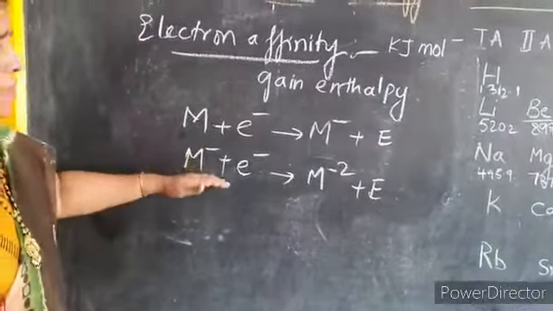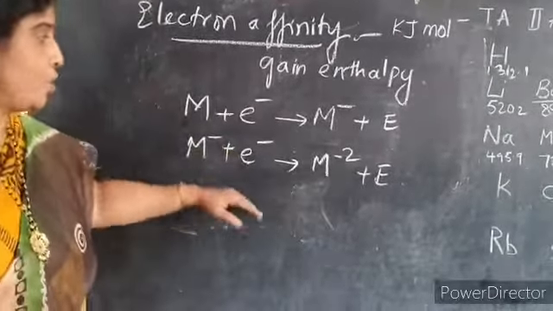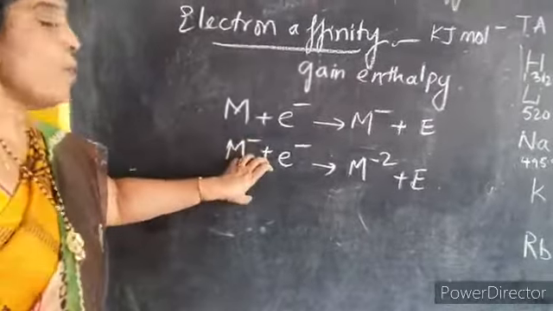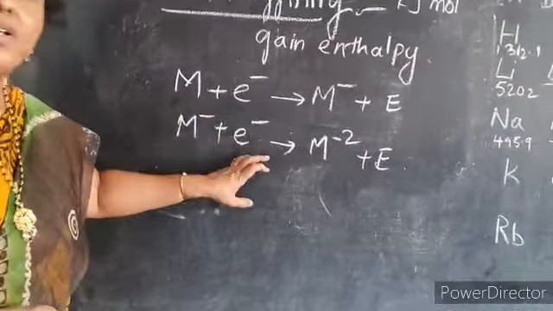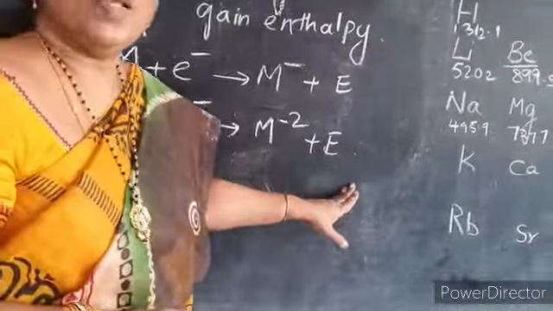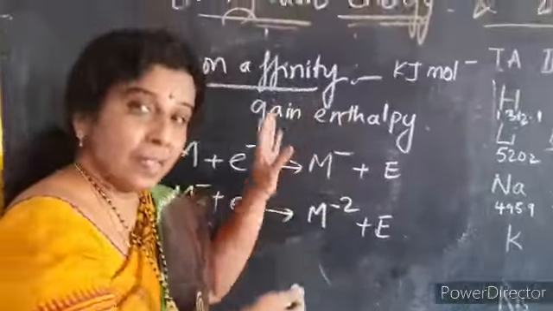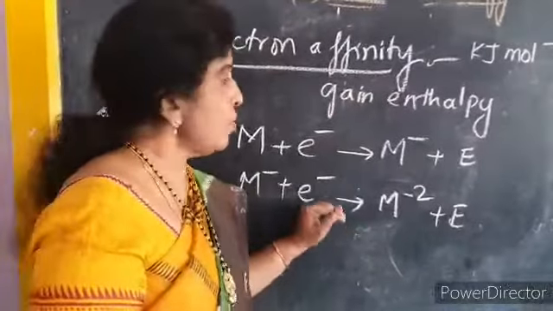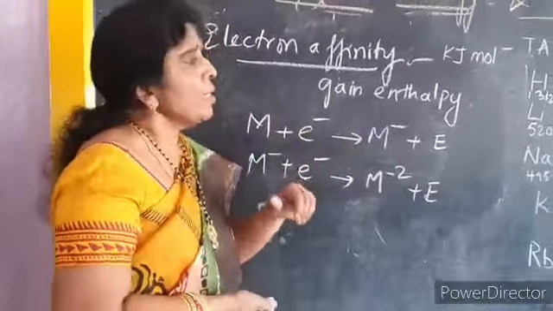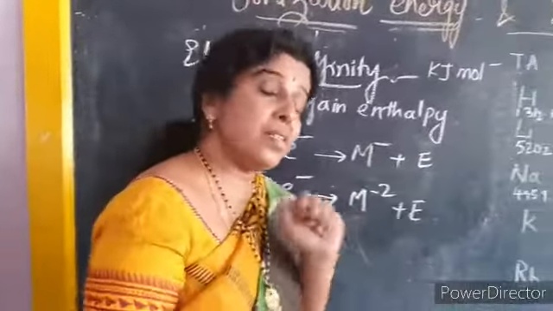Now sometimes when we add a second electron or third electron to the uni-negative ions or di-negative ions, energy may not be liberated. It is because this energy is utilized for the bond formation. And in some cases, energy is not liberated, instead it is used.